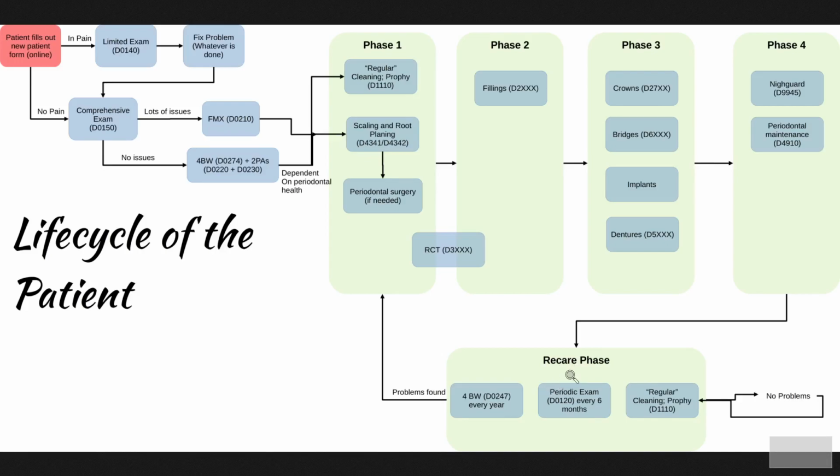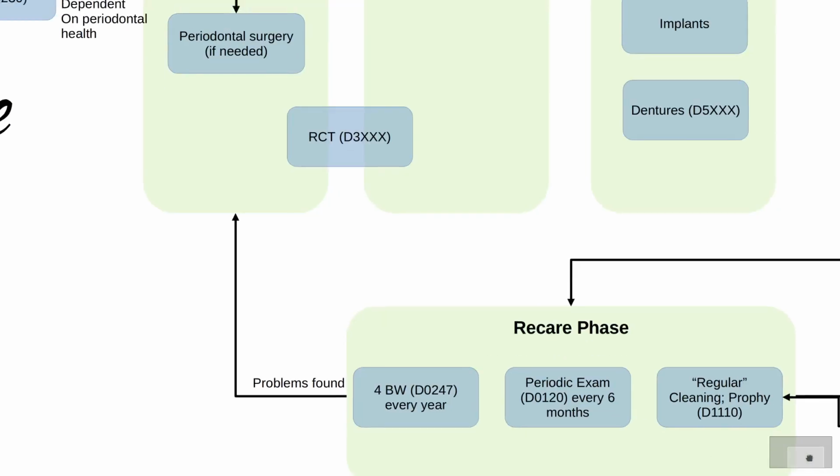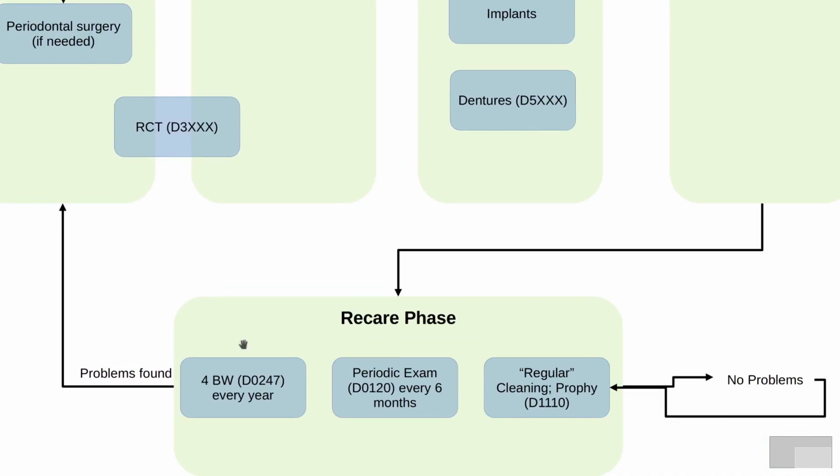So anyway, when you get a recare, you get 3 things, sometimes 2. The x-rays, which are normally done in this practice once a year. You have the periodic exam, which is a different code, because when you're doing the comprehensive exam, you're doing a full, thorough look at every tooth, brand new charting.